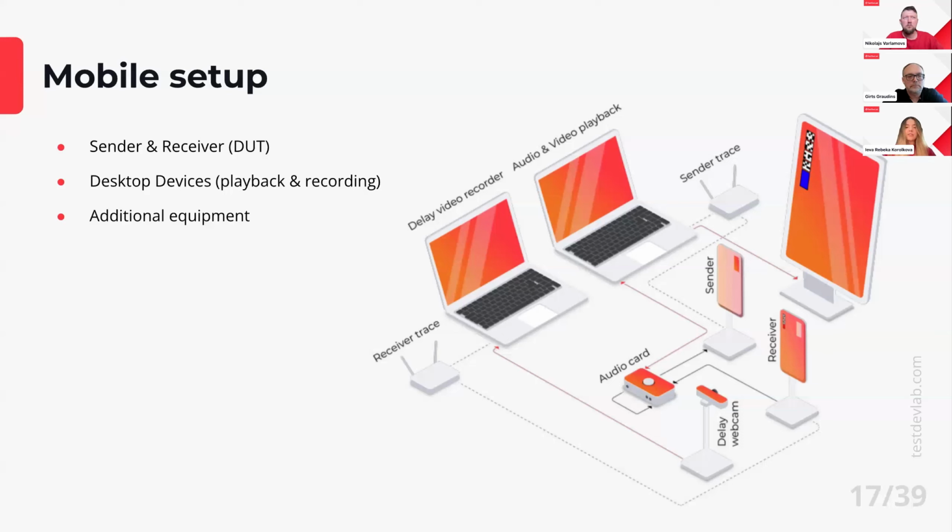And we also have some other devices, for example, an audio card, external webcam, and computers to ensure that we have a fully equipped laboratory and we can process and record audio and video, both from the device and also externally for video delay measurement. And also we have laptops to ensure that we can operate fully with the black box setup.